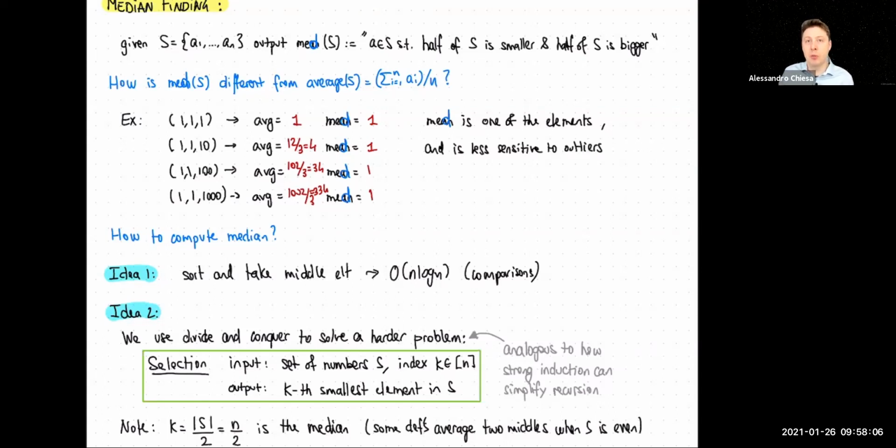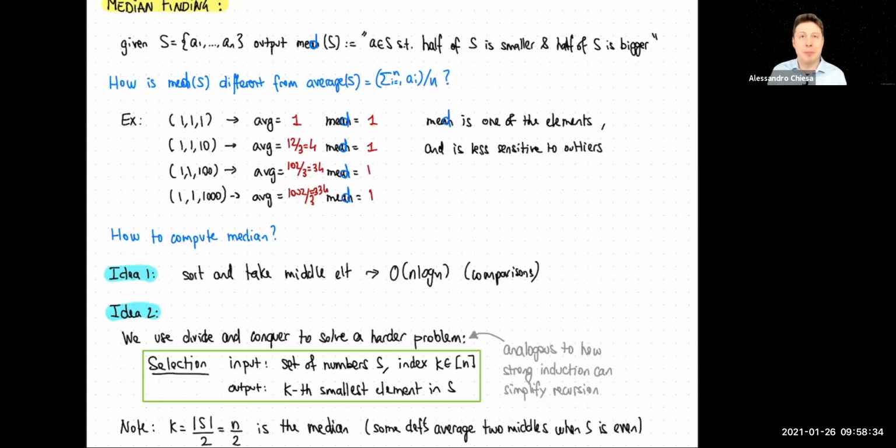Well, all I cared about was what is the middle element had I sorted it. But above and below, I don't care what happens there, right? I just need to know that half of the elements are below in whatever order, and half of the elements are above in whatever order. I don't care about making the effort to extract this precise order between them, okay? So intuitively, it feels like a simpler problem.